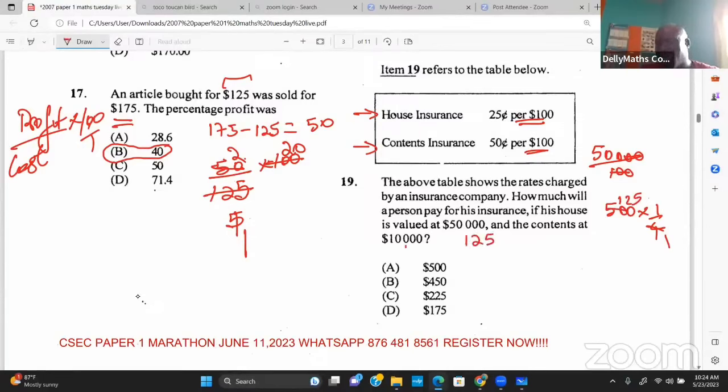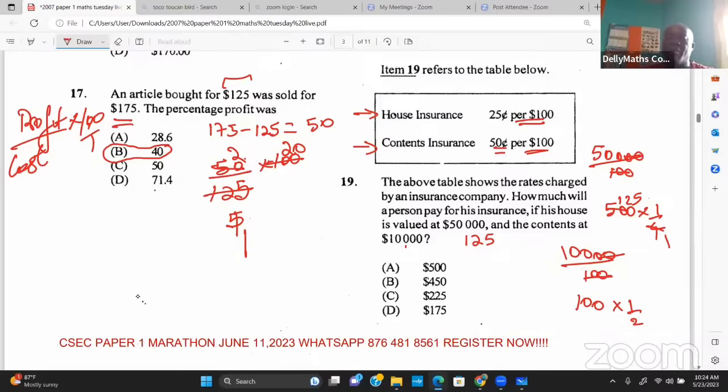For the contents, I'm going to still try to find out how many hundreds do I have in 10,000. I have 100 in 10,000. But now the contents is going at 50 cents. 50 cents is what? A half of a dollar. And that is why in the multiple choice, they're going to be using specific numbers.